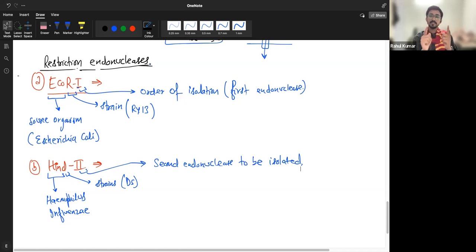Wherever that 6 base pair sequence is present in the DNA, it will go and cut there. We have to decide according to what gene we want to isolate and put in the plasmid and where we want to cut the plasmid. We select these restriction endonucleases for ourselves out of the around 900 to 1,000 restriction enzymes that we have.